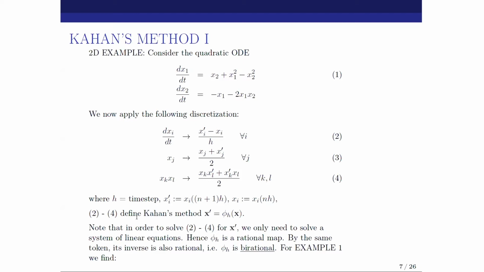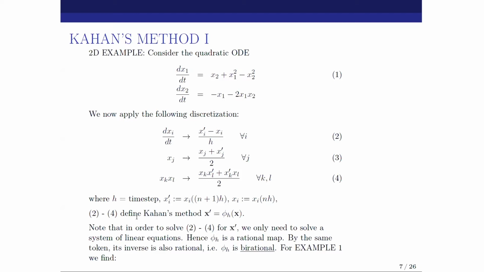The important thing about equations 2, 3, and 4 is that they are all linear in the new points, the x primes. So once you substitute 2, 3, and 4 into equation 1, even though the x primes are on both sides of the equation, they only appear linearly.